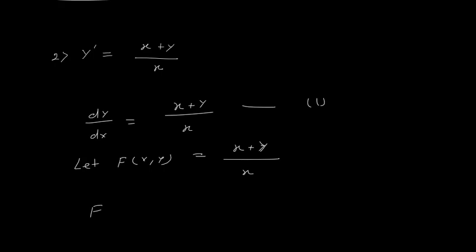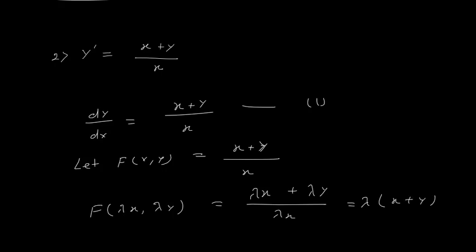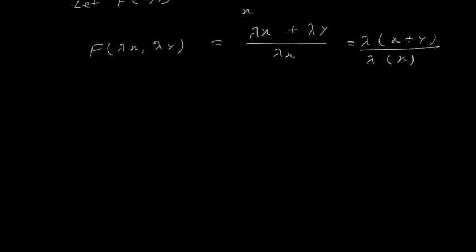So let us find what is f of lambda x comma lambda y. This will become lambda x plus lambda y upon lambda x. We take lambda common from the numerator, so it is lambda times x plus y, and from the denominator it will be lambda into x. Now this lambda cancels, which means I get lambda power 0, and I get the same function f of x comma y.